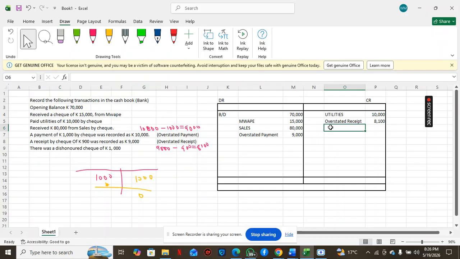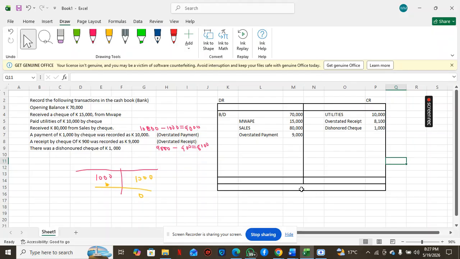So credit dishonored check, 1,000 kwacha.